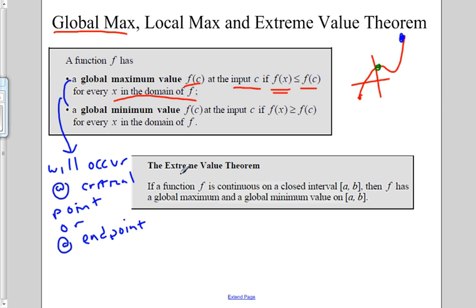And the extreme value theorem, discussed before but brought up again, says that provided that f is continuous on a closed interval a to b, then f must have a global max and a global min. In other words, there must be some extreme value, the largest value and the smallest value on that interval. So now let's look at an example of global max.